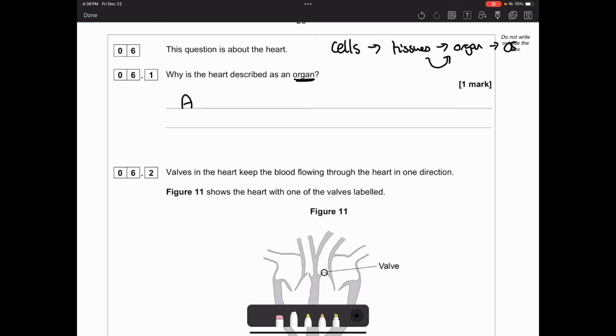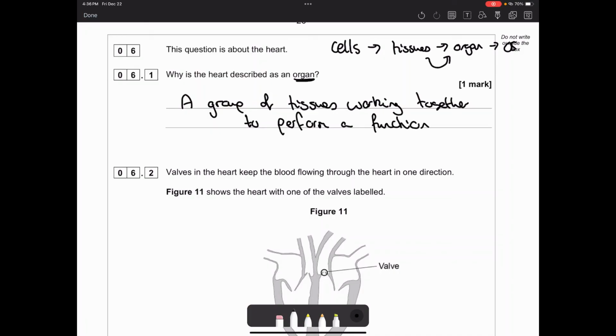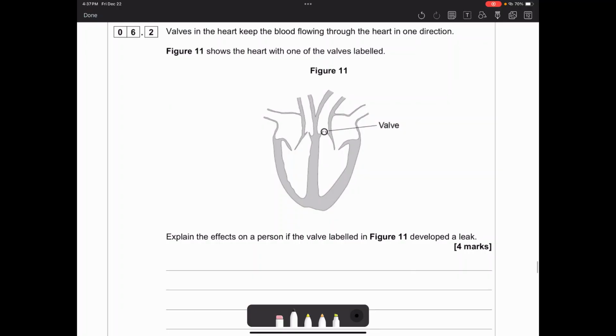So you would just say an organ is a group of tissues working together to perform a job or function. Now you need to say both parts to get the single mark here. Group of tissues working together to perform a function.